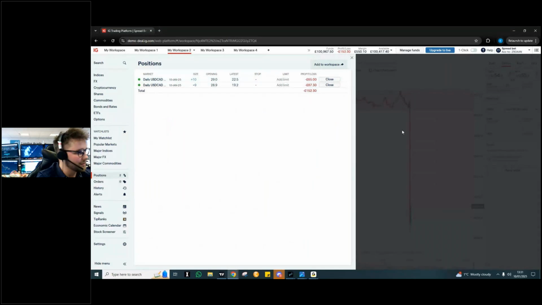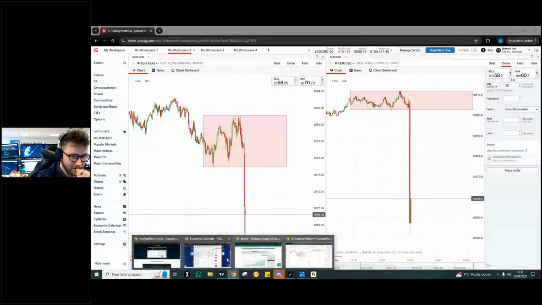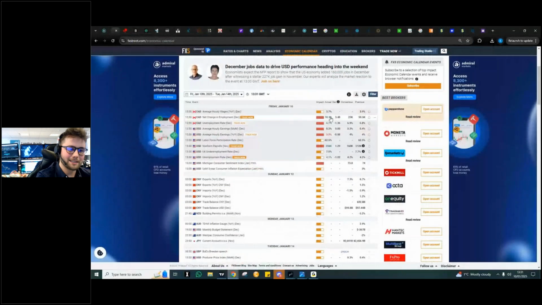Dollar CAD at the moment, what do we get for the Canadian data? Canadian data came in stronger as well. So with the dollar CAD trade, both of those two currencies are slightly stronger. Generally, that's why I would avoid trading that particular asset pair, just because there's a lot that needs to line up for that to come in right.